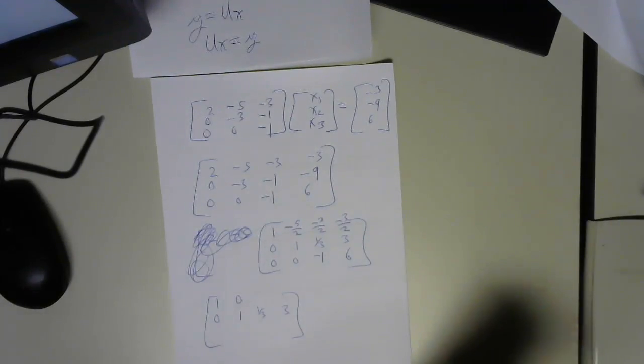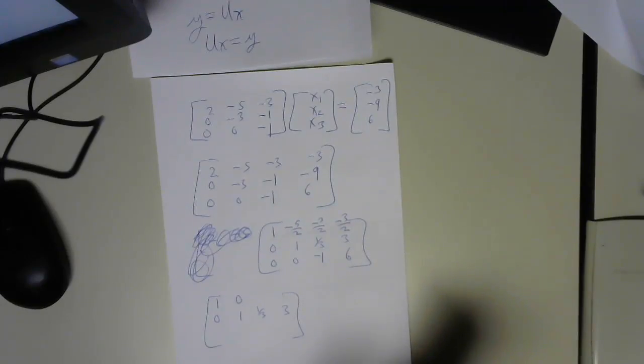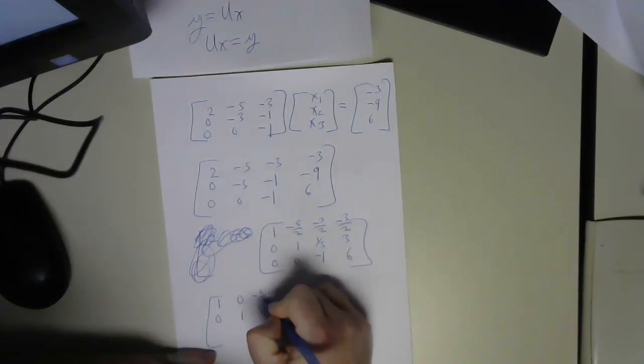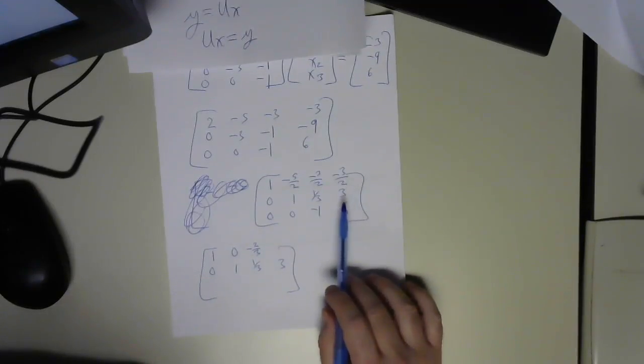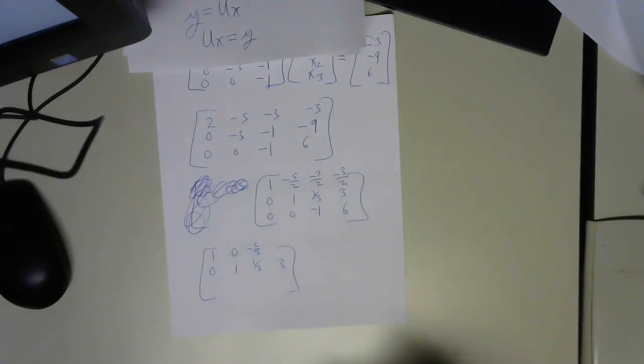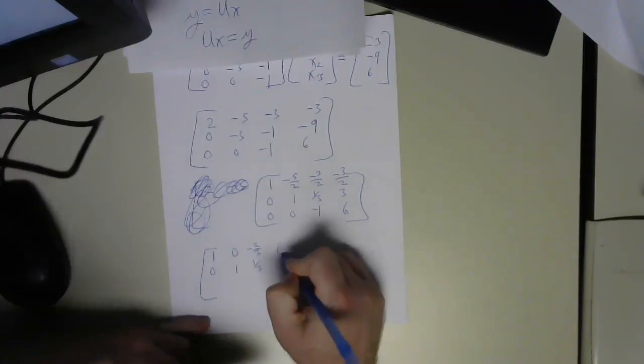I'm going to use a calculator. So -2/3 is what I get up there. And now let's see. This times 5/2 plus -3/2. I get a 6.